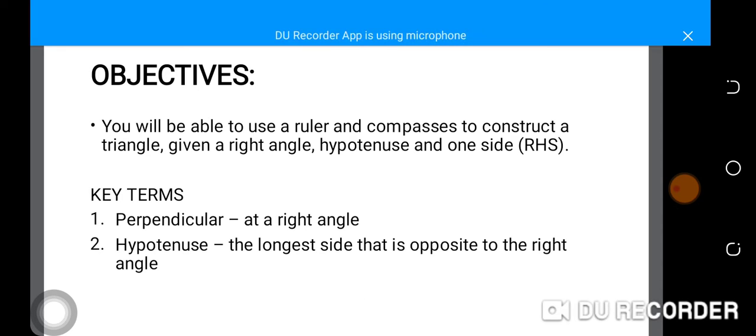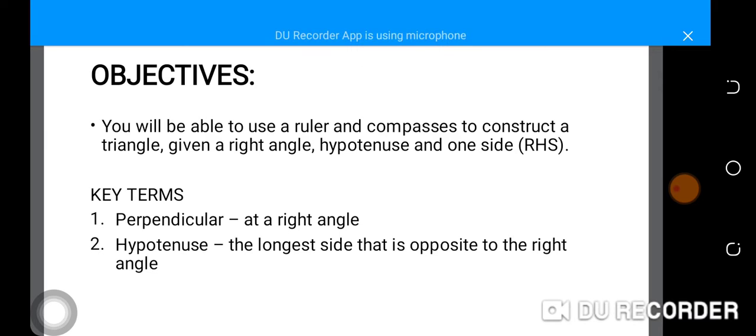So these are the objectives. You will be able to use a ruler and compasses to construct a triangle. You know how to construct triangles using a protractor, but now you'll be able to use a ruler and the compasses to construct a triangle given a right angle, hypotenuse, and one side.